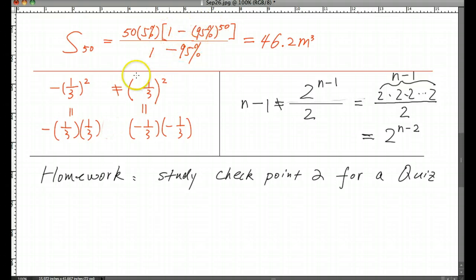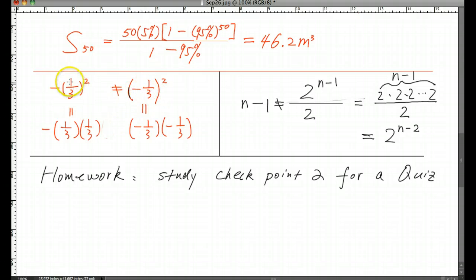Now, what if the r is negative? If the r is negative, you have to apply the power to the negative base. For example, if r is negative 1 over 3, you have to do it this way, because you're going to square or cube, or whatever the exponent is, the negative r.